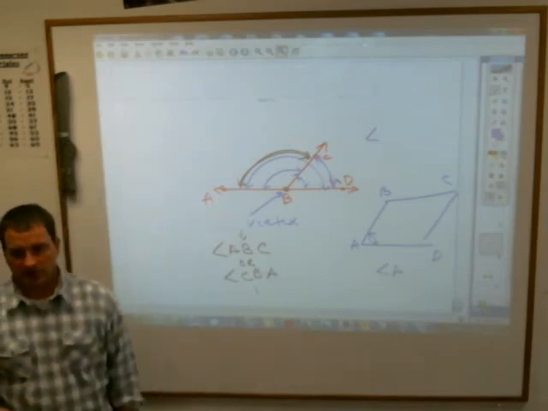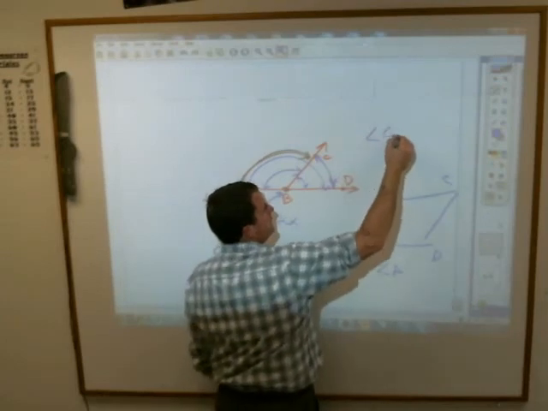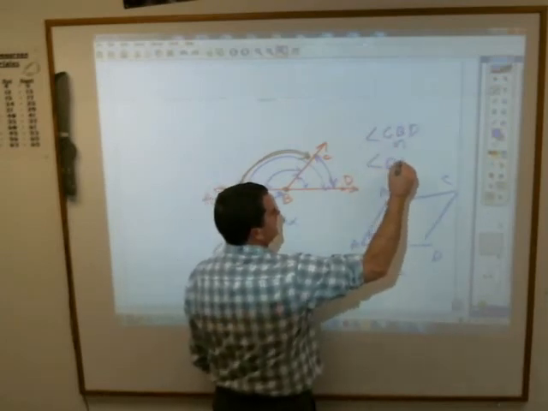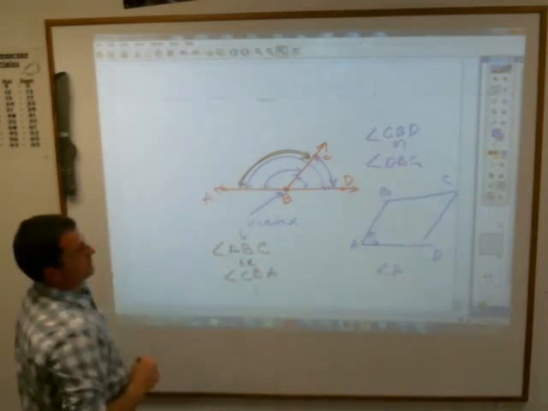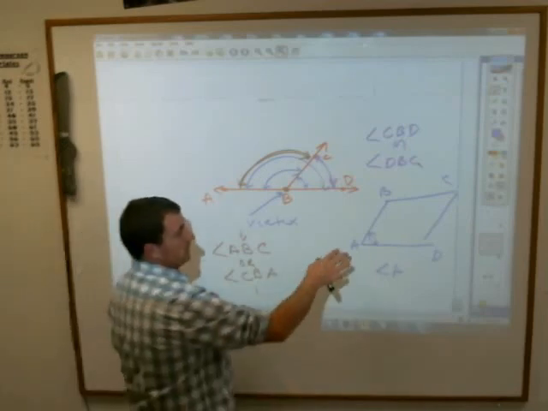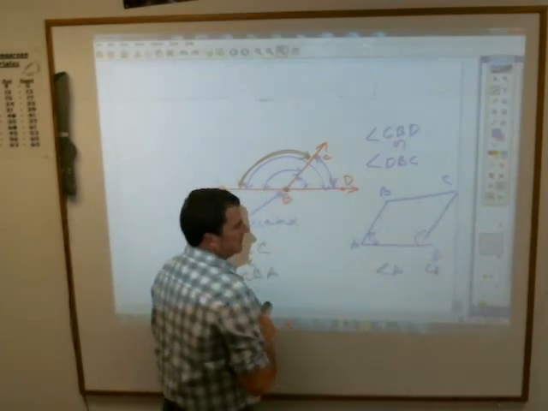You have to use three letters and the vertex has to be in the middle. Sam? CBD, or DBC. Right, DBC. You have to specifically say it if there's any possibility somebody could be confused. But again, if there's no chance of getting confused, I can call this angle D if I like. That's not a big issue there.